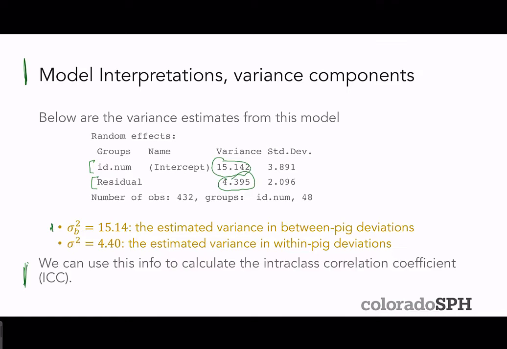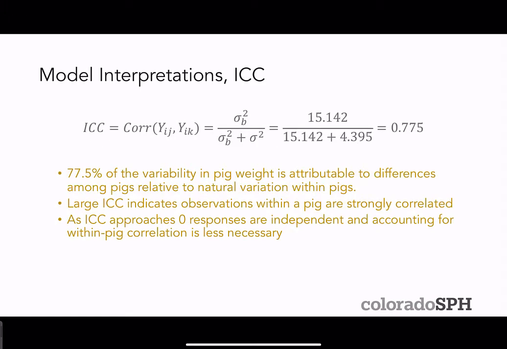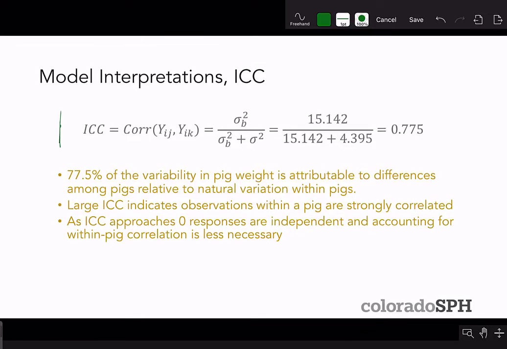Then we can use this information to calculate the intraclass correlation coefficient, or ICC. The ICC is calculated here, and that's the correlation within observations on the same subject, which is given by the between-subject variance divided by the total variance.